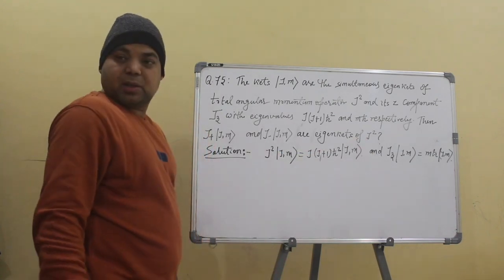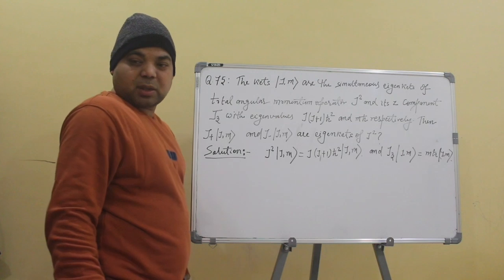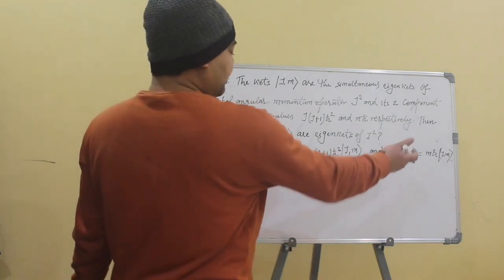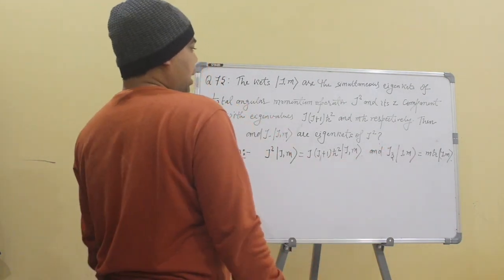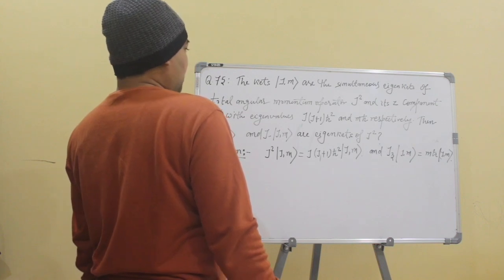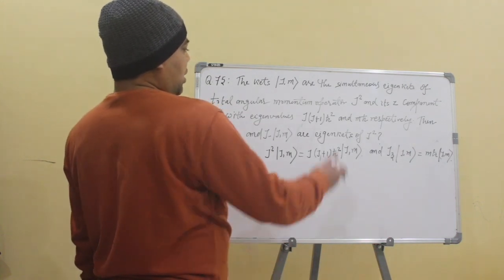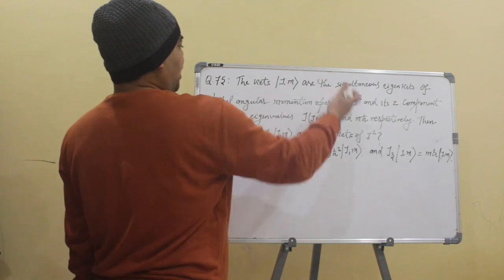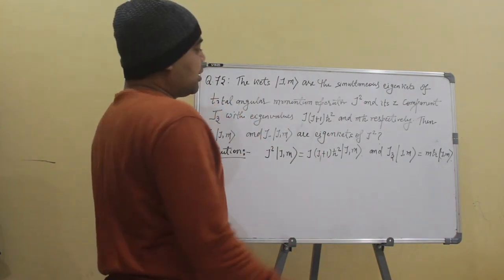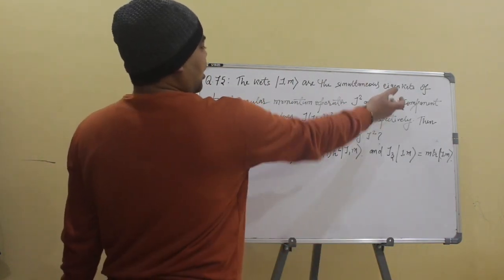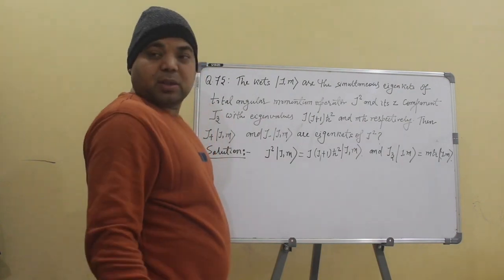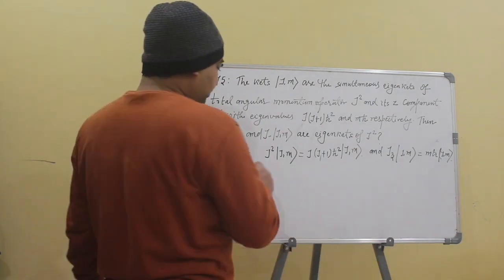It means that if a wave function is a simultaneous eigenvector of two given operators, then the operators are commutative.